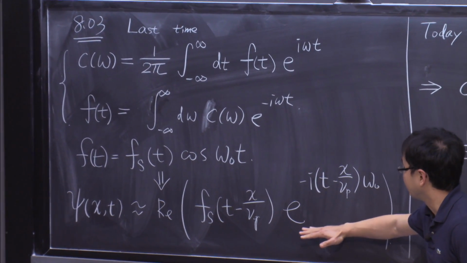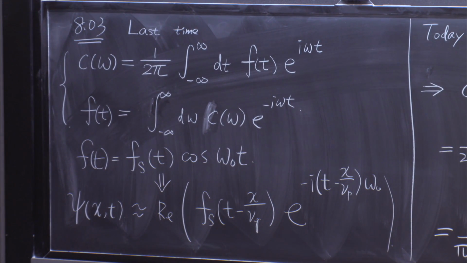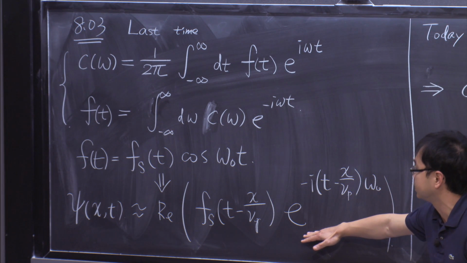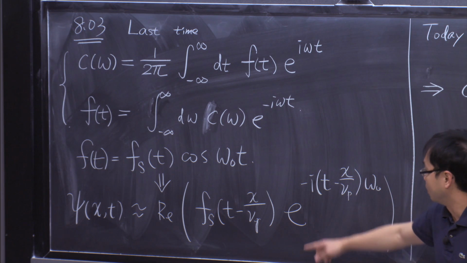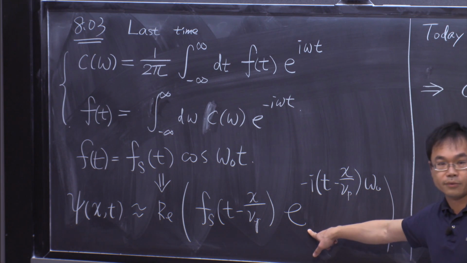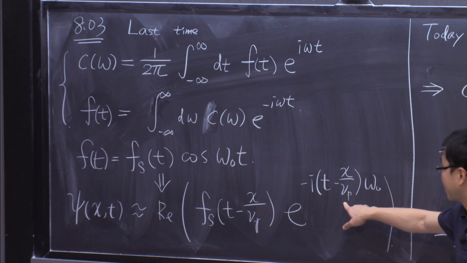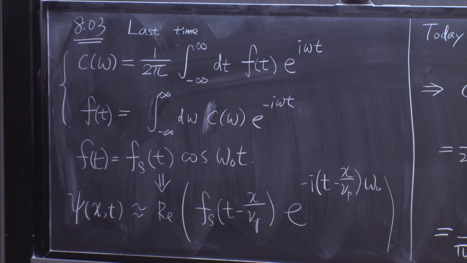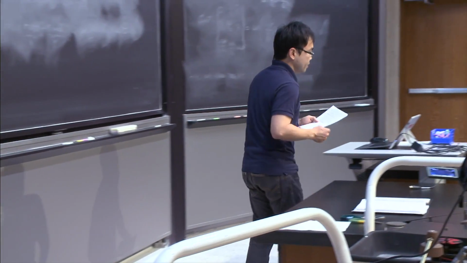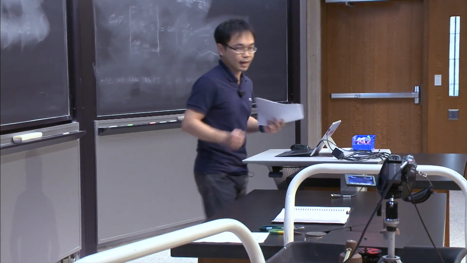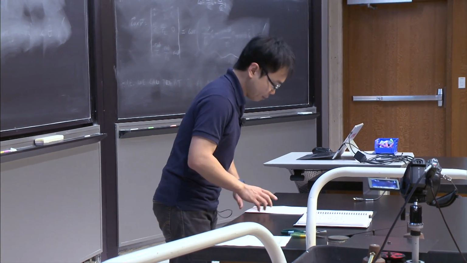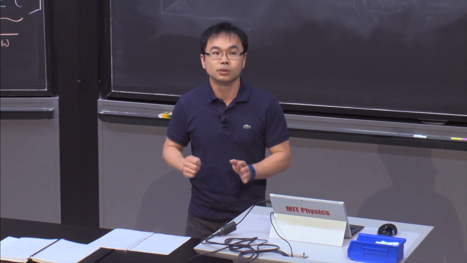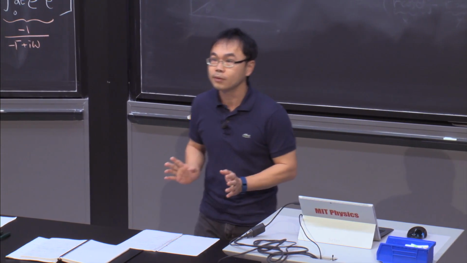The second component is the really small structure of this high-frequency oscillation. We call it the carrier, and the carrier is still traveling at the speed of phase velocity. That's how we finally understand the meaning of group velocity and phase velocity through this example.